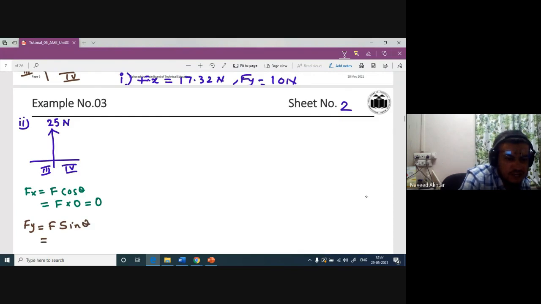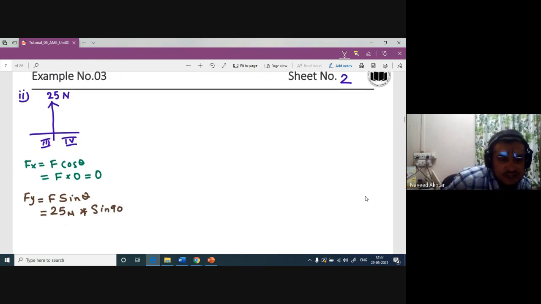F क्या है हमारा 25 न्यूटन है, इंटू साइन ऑफ 90. So sine of 90 is nothing but 1.